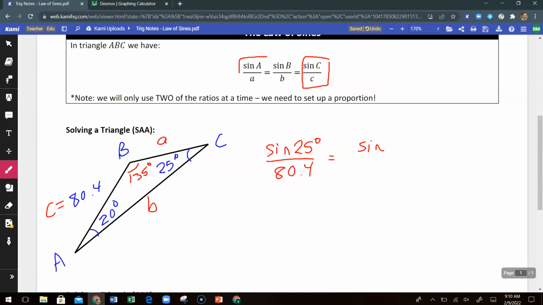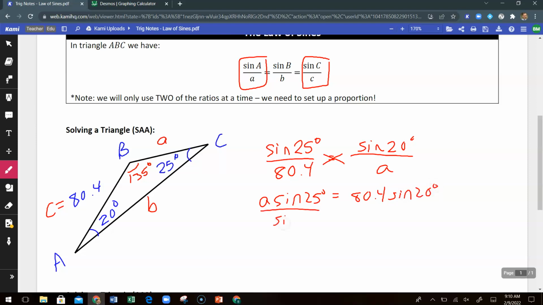I'm going to use A, the sine of 20 degrees divided by side length A. To solve this, I simply need to do my cross products. So A times the sine of 25 degrees is equal to 80.4 times the sine of 20 degrees. And then I'm going to divide by the sine of 25 degrees.